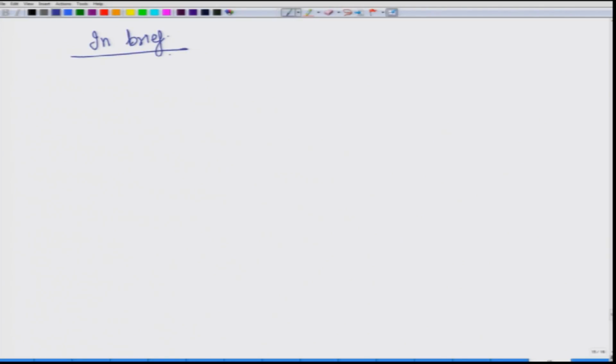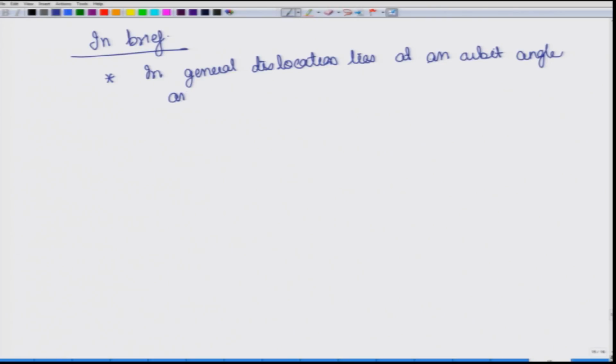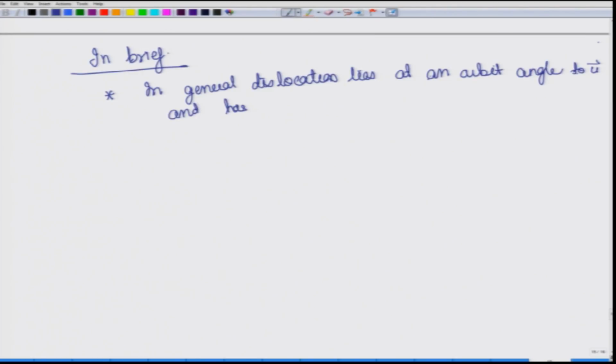In brief, what we have understood is that in general a dislocation lies at some angle to a Burgers vector and has mixed character, at an angle to u. U is the line vector and has mixed character.